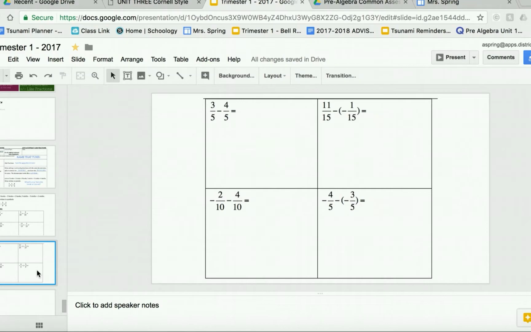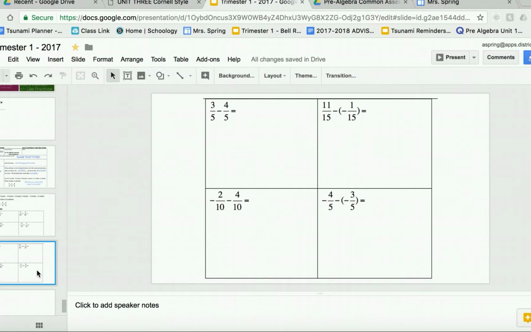And 4/5 minus 3/5 can be rewritten as 4/5 plus -3/5. We never change the first number. The second number becomes adding the opposite. Now we can go from there.